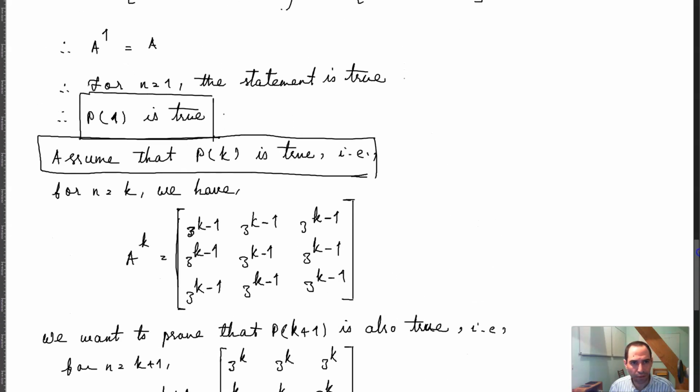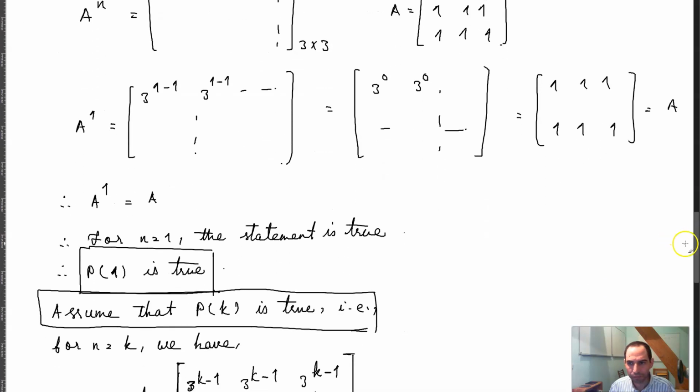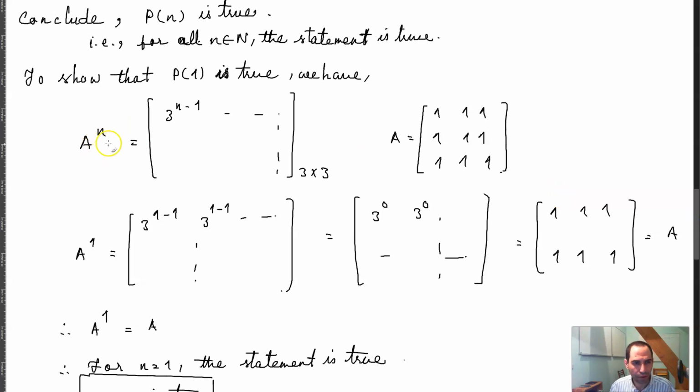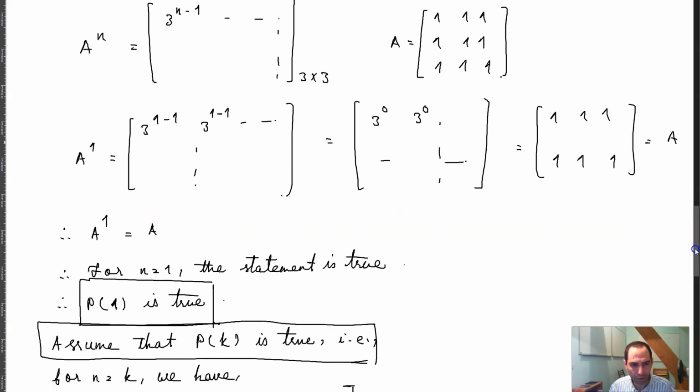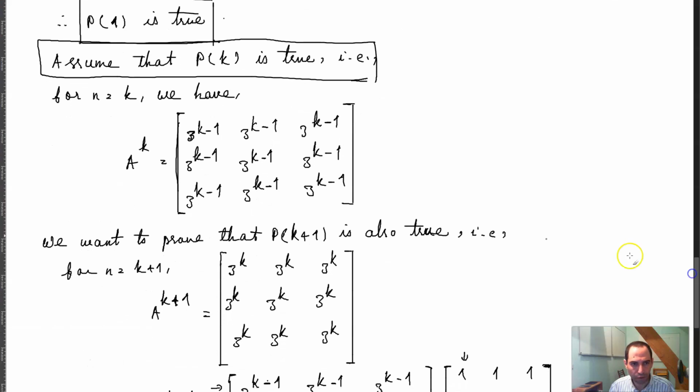So here we said that for P of 1, when n is equal to 1, you will get A raised to the power 1 is equal to 3 raised to the power 1 minus 1. When n is equal to k, then we got 3 raised to the power k minus 1. When n was equal to k plus 1, we got 3 raised to the power k plus 1 minus 1, which is 3 raised to the power k.